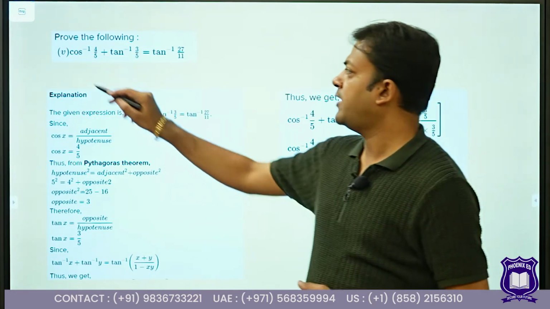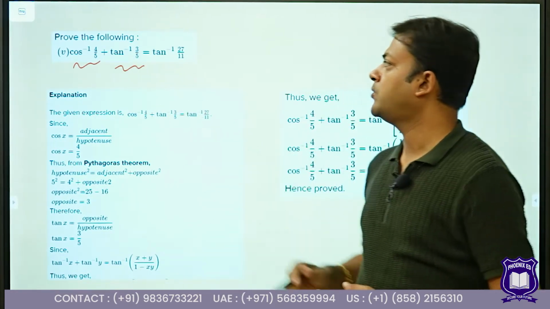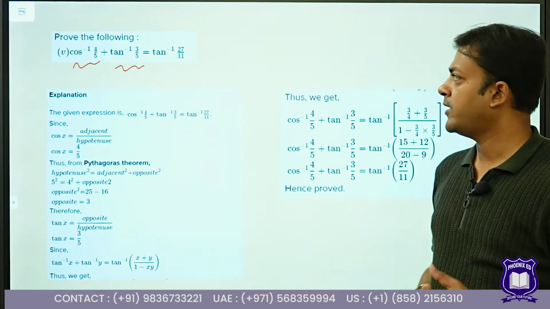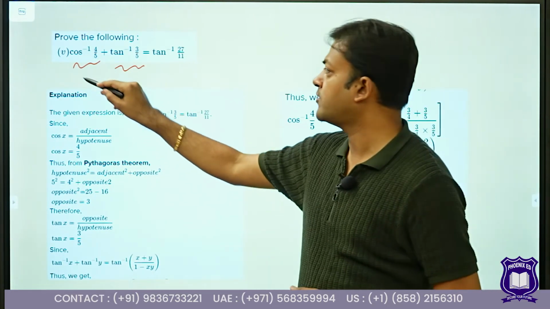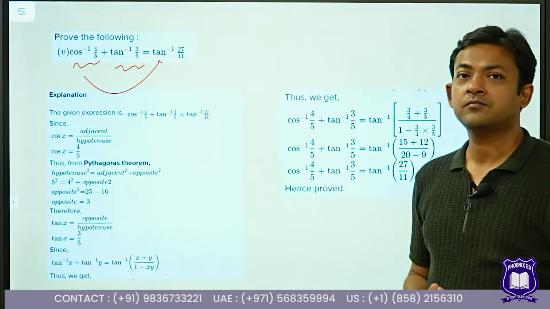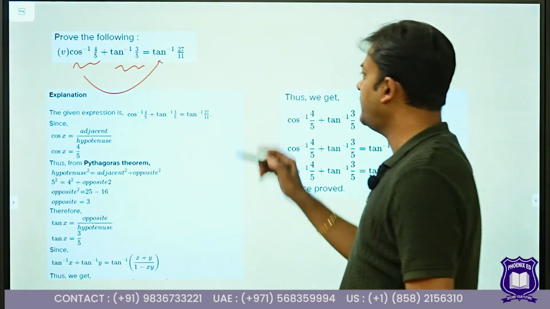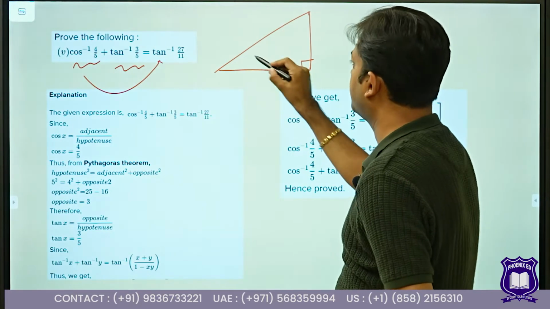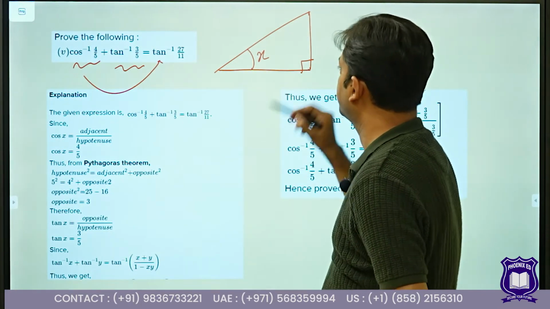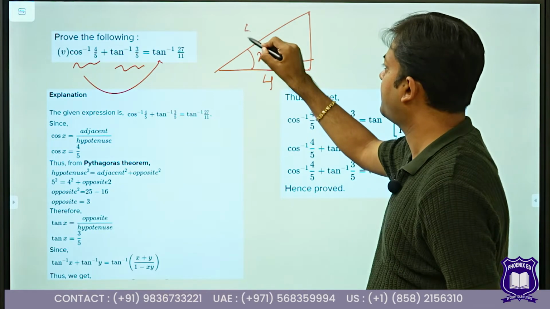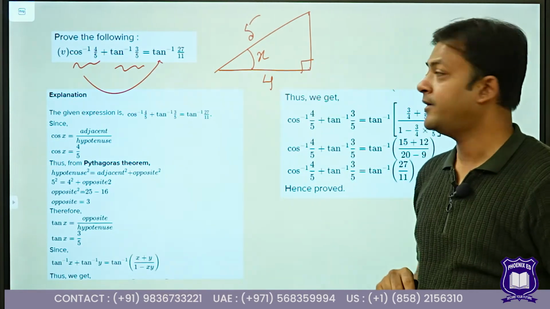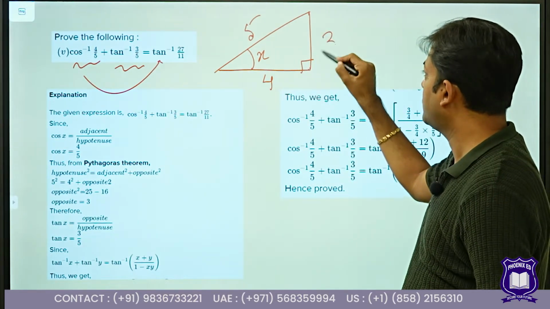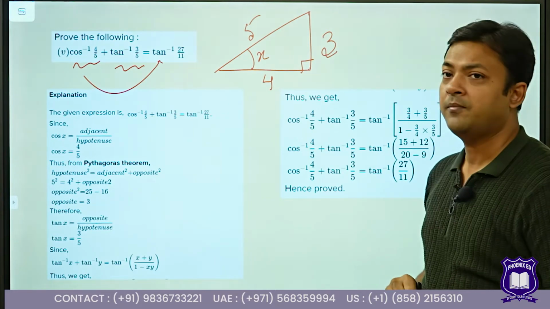In this problem, we have tan inverse 4 by 5 added to tan inverse 3 by 5. So as you remember, we first need to convert cos inverse into tan inverse. How would we do that? Cos inverse into tan inverse can be done with the help of the method of triangles. This is 4, this is 5, as we are talking about cos theta. Using Pythagoras theorem, the perpendicular becomes 3.